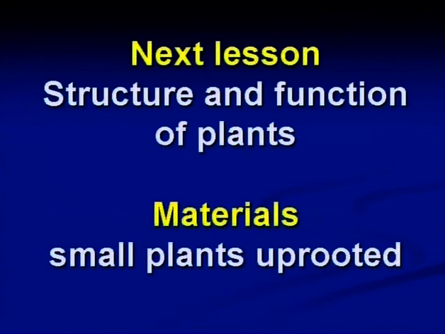Please don't break them from the stem or the leaf. You have to bring a whole plant, meaning uproot the plant, and the plant must have all its parts like the leaf, stem, and the roots. Right? So any weed that you can find near your house, at the back, near the classroom, please bring that for our next lesson. We will be using that.